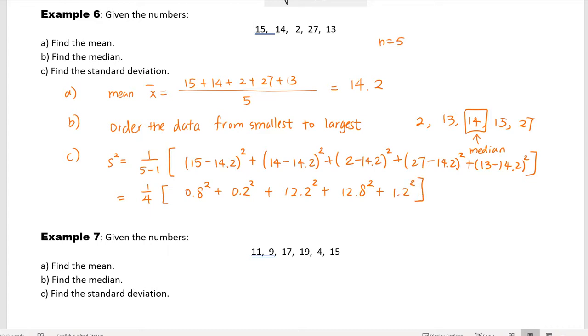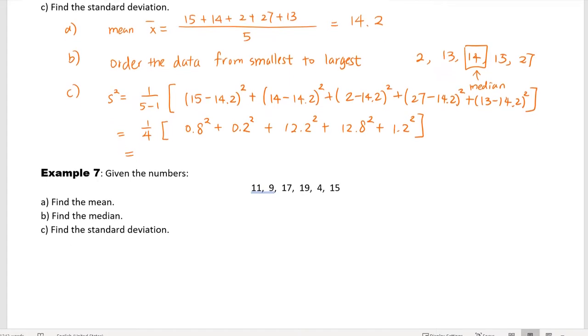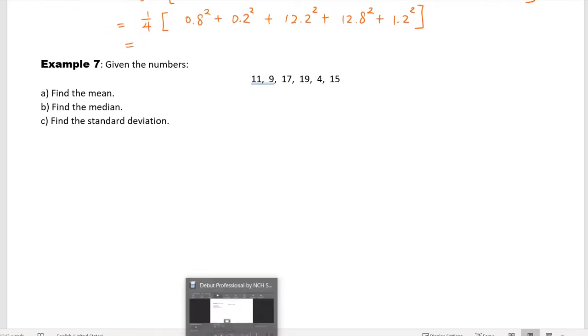Okay, let's see. We put this in our calculator.